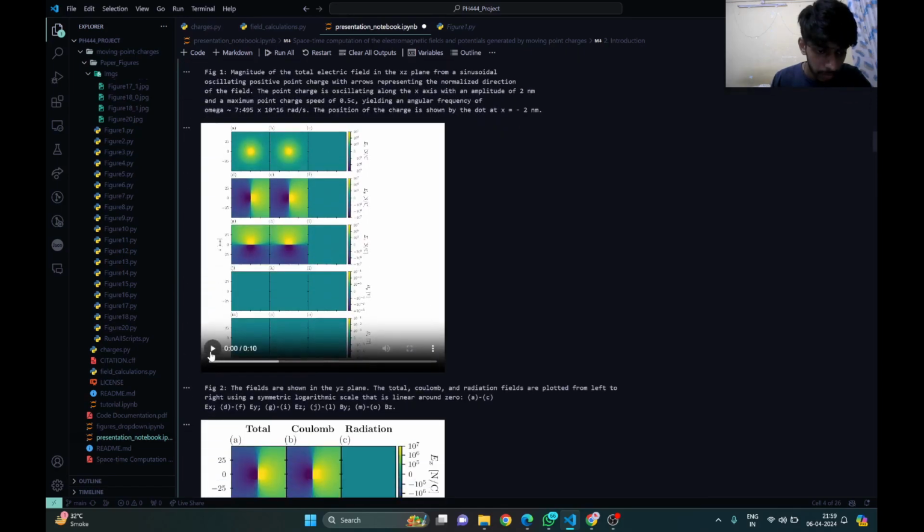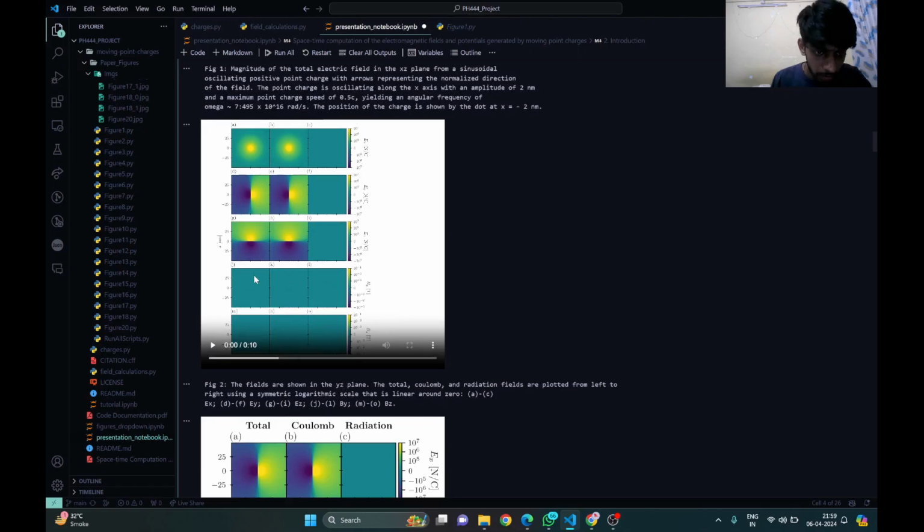The second animation shows us the EX, EY, EZ fields in the YZ plane and the BY and BZ as well. So these are in the YZ plane.